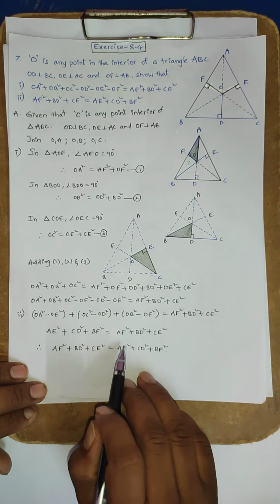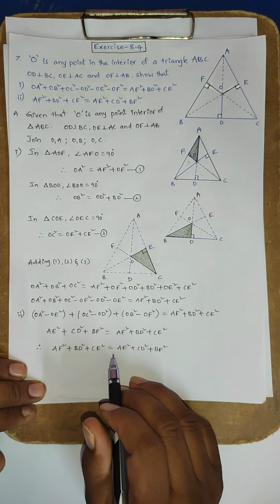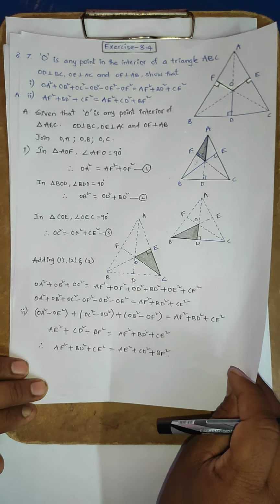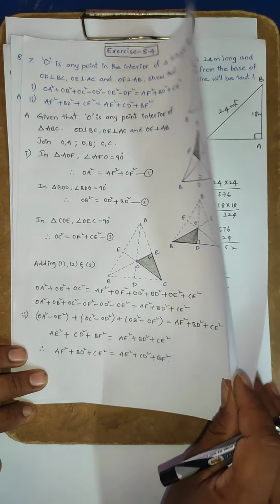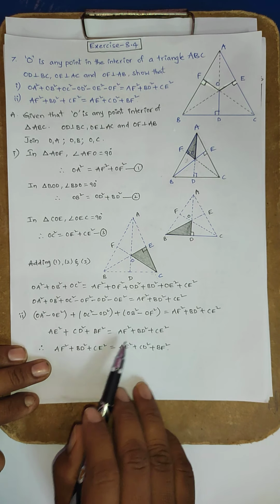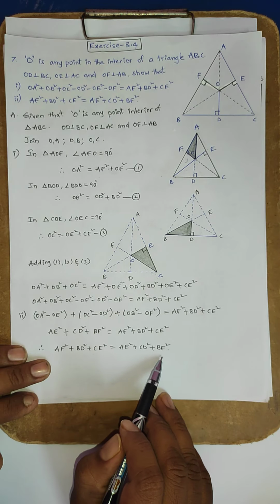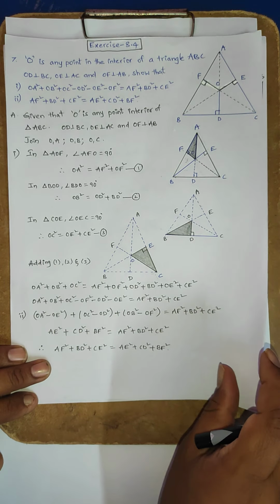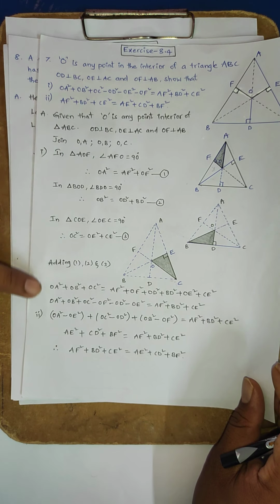This is the first thing they asked to prove, as we proved here. First one we proved. Now next, AF square plus BD square plus CE square is equal to AE square plus CD square plus BF square, we proved here.